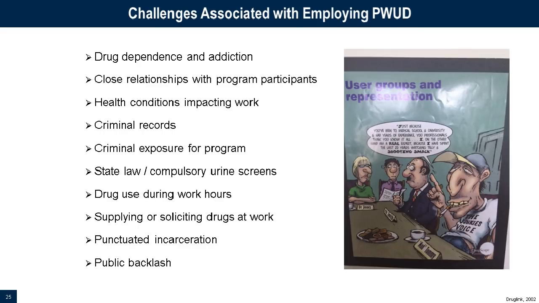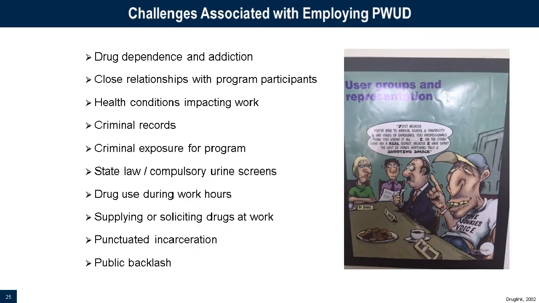Criminal records. The program can have criminal exposure at some points if anything happens or if people are blamed for anything. There might be state laws that might get in the way. There might be compulsory urine screens that people have to take that they cannot pass to be a volunteer. Drug use during work hours is something to take into account in having discussions. They might be incarcerated at different levels of time.